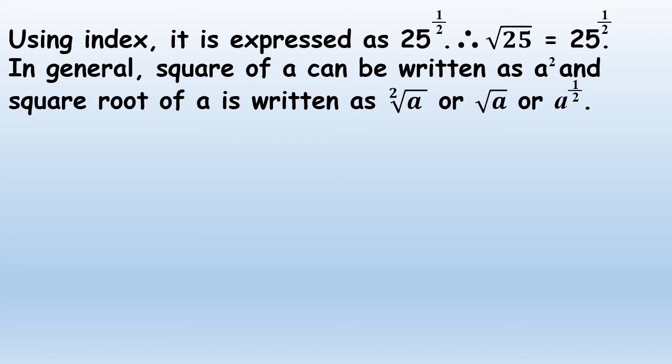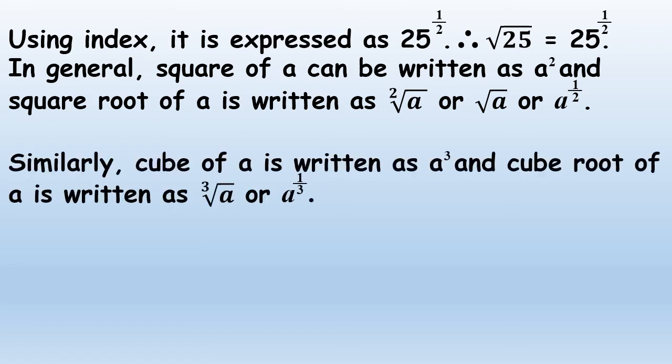In general, square of a can be written as a square and square root of a is written as square root of a or root a or a raised to 1 upon 2. Similarly, cube of a is written as a cube and cube root of a is written as cube root of a or a raised to 1 upon 3.